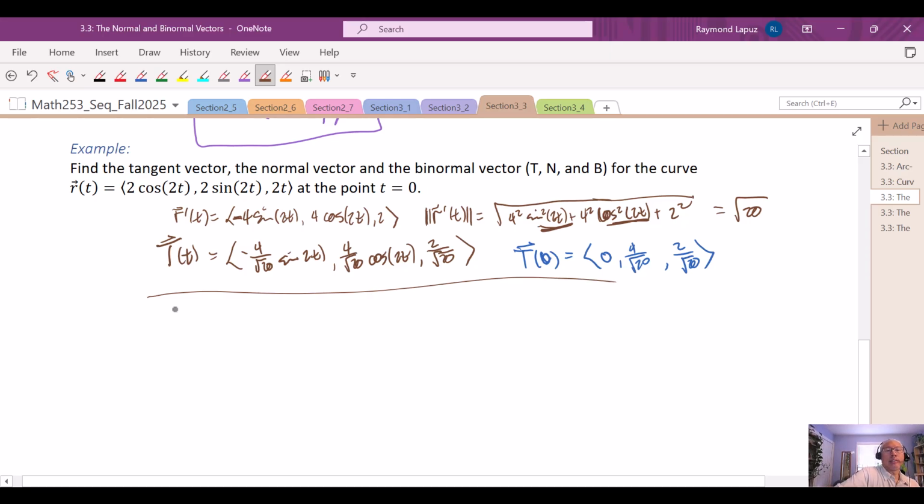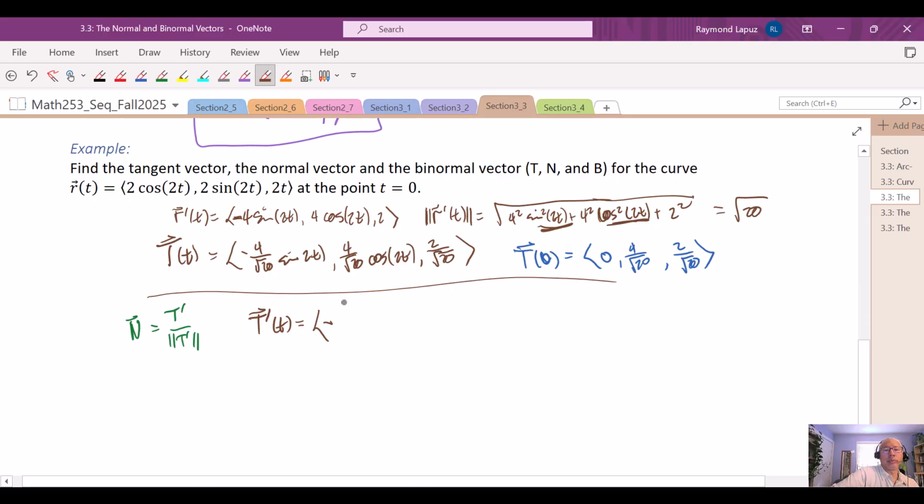Alright, now to find our normal vector, remember the formula for the unit normal vector is T prime over the magnitude of T prime. So we need to find T prime, capital T prime that is. So capital T prime, the derivative of the unit tangent vector, is going to be, alright, 2 comes out, derivative of sine is cosine, but there's a negative already out.